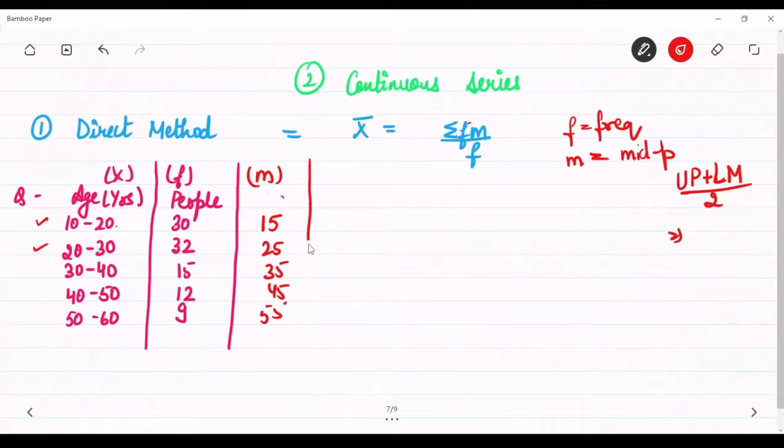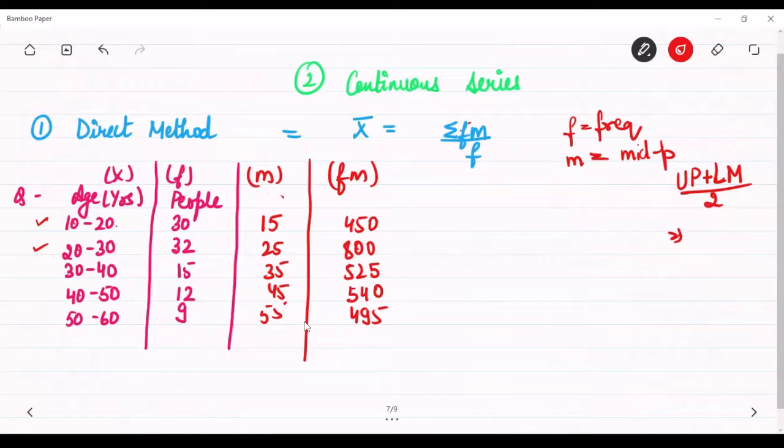Okay, now what is the requirement now? It is FM. So we need to multiply frequencies by midpoints. Now when we multiply 30 into 15, we get 450. Let's do the same with the other ones also. 800, 525, then 540, then 495.